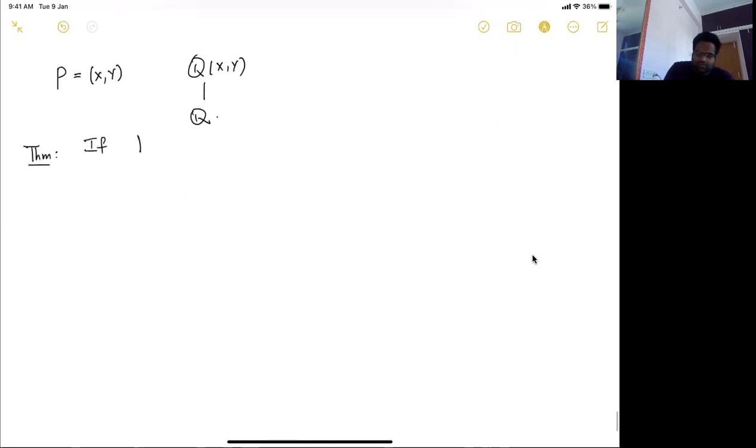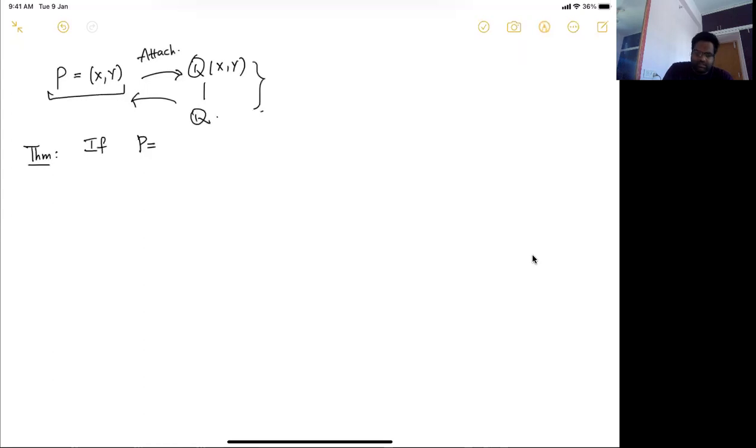Given a constructible point, I attach a field extension. So this is the crucial idea. Based on the degree of these field extensions, I want to conclude whether P is constructible or not.